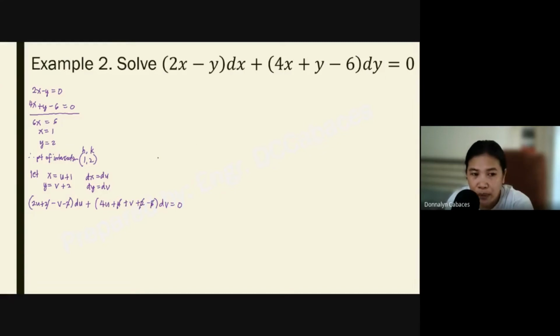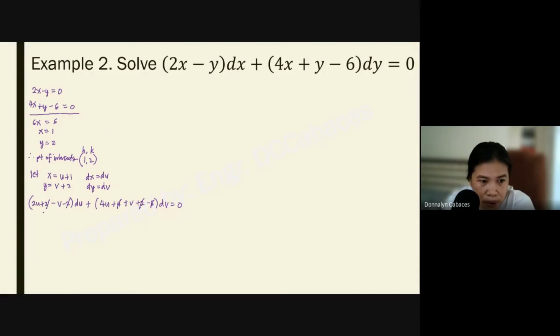That is the main purpose why we introduced this: for us to eliminate or remove the constants of the original equation so that it will become a homogeneous, separable, or linear equation. Okay?